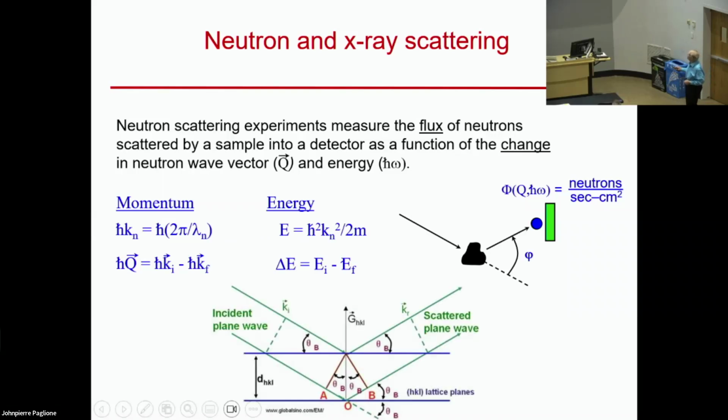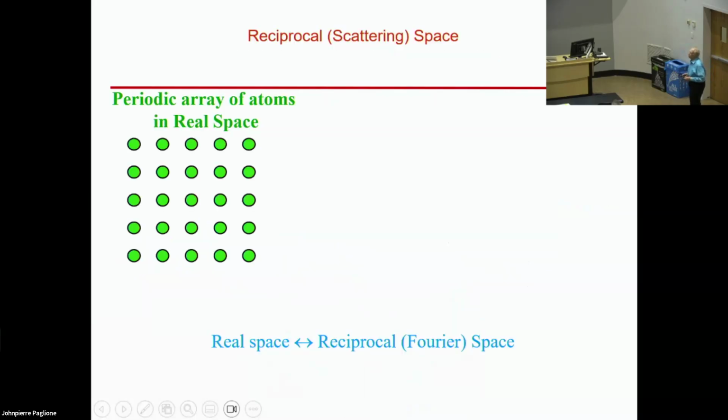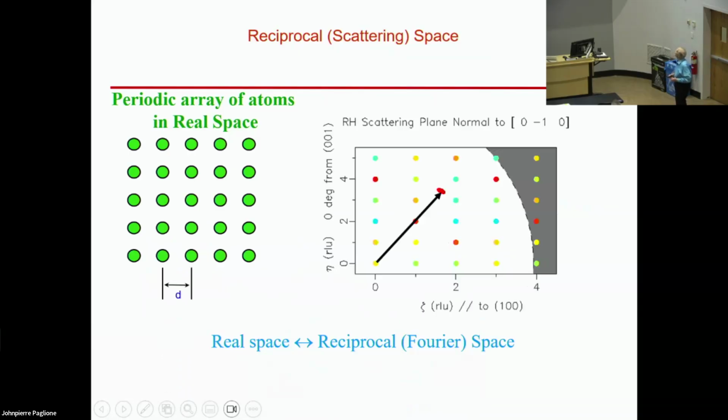I'm sure everybody's seen that you have a plane wave coming in, a plane wave coming out here, and you get a phase difference. If the phase difference is exactly one wavelength, then you get coherent constructive interference. So we start out with a periodic array of atoms, and you have, for example, a d-spacing there, and all scattering is done in reciprocal space.